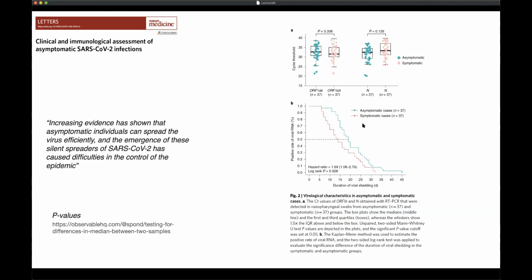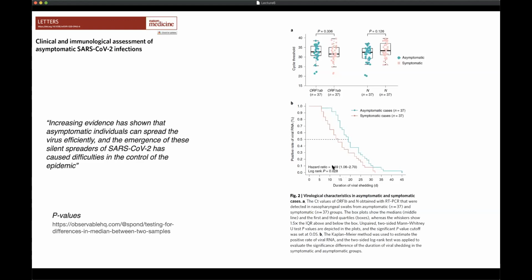What you see here is actually somewhat counterintuitive, because it seems like asymptomatic cases remain infectious longer, right? So this blue curve is offset, it decays slower than the red curve, and there's a p-value or statistics associated with it.